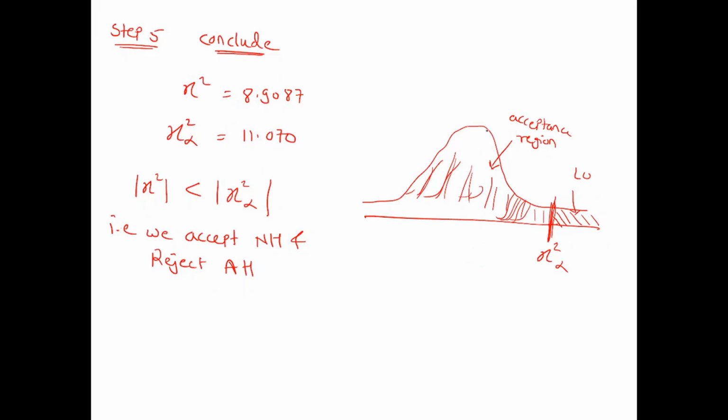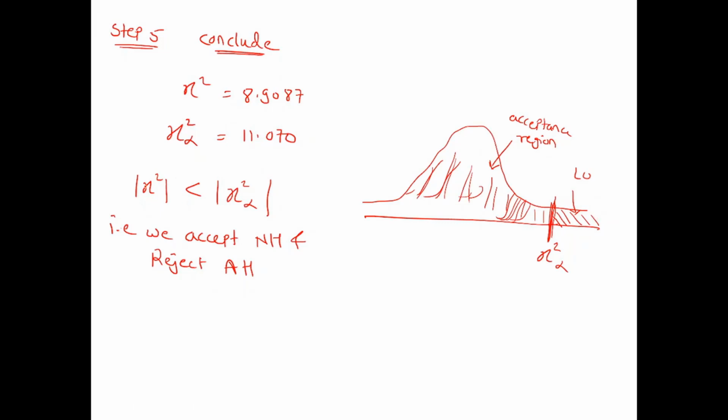So we accept the hypothesis. That's why we are accepting the null hypothesis. If the value of the calculated chi-square is more than chi-square alpha, it means that the value lies in this region. So in that case, we reject the null hypothesis and accept the alternate hypothesis.